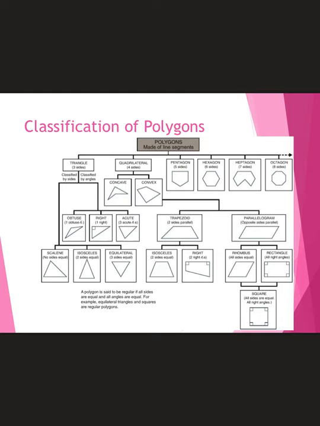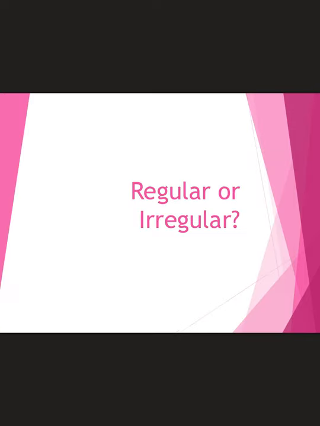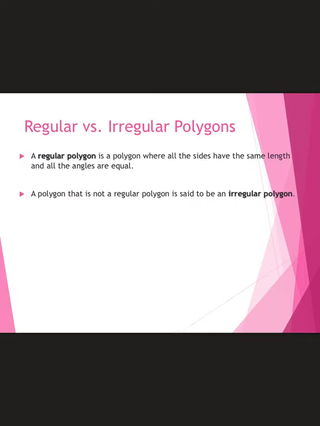So here is a chart from your textbook of the classification of polygons, and you can see all of the different types that we have worked with. So regular or irregular polygons. A regular polygon is a polygon where all the sides have the same length and all the angles are equal. And a polygon that is not regular is said to be irregular.